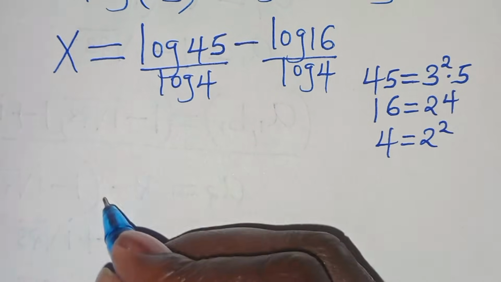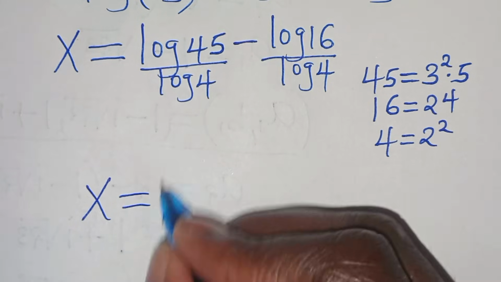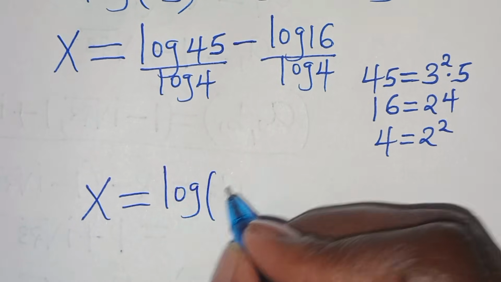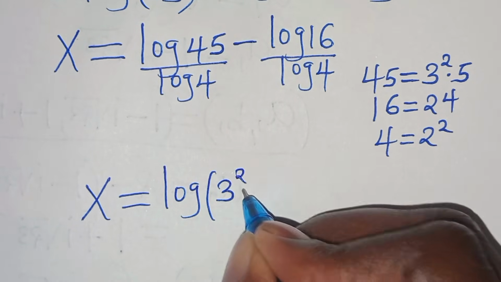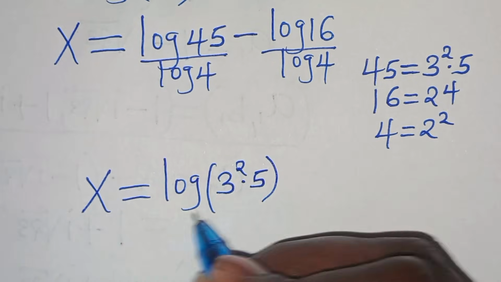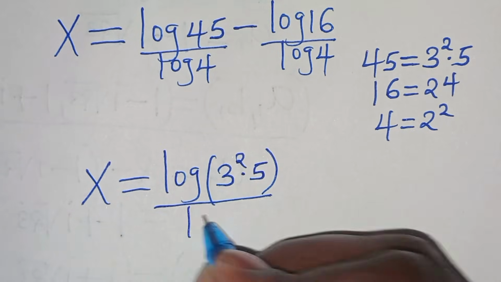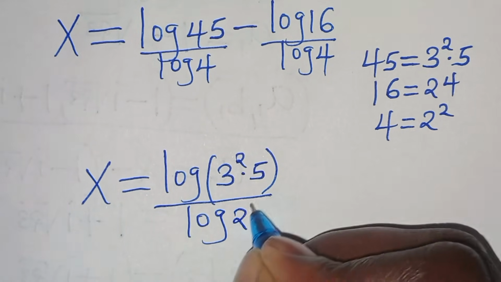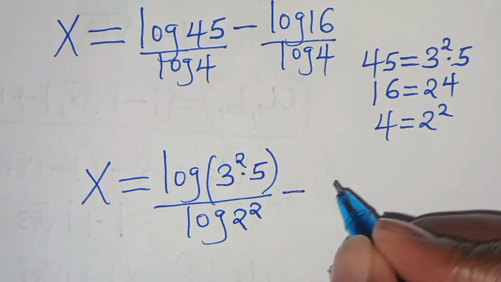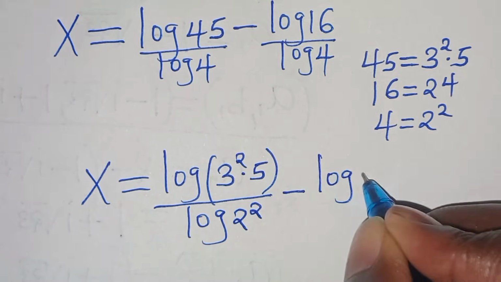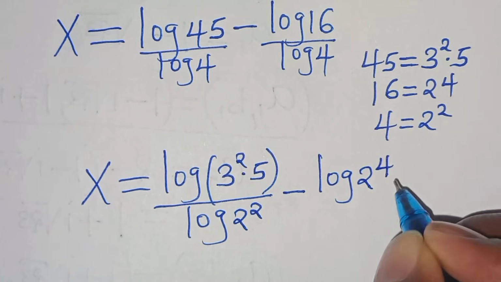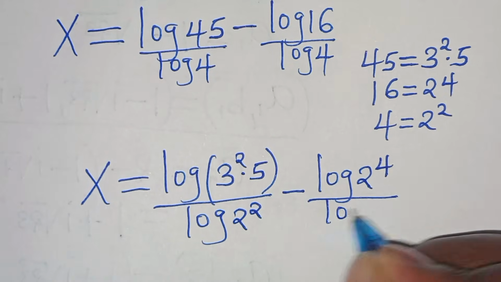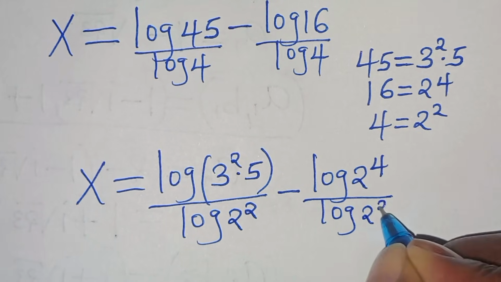Substituting this, we have x is equal to log 3 to the power of 2 times 5, divided by log 2 to the power of 2, then subtract log 2 to the power of 4, divided by log 2 to the power of 2.